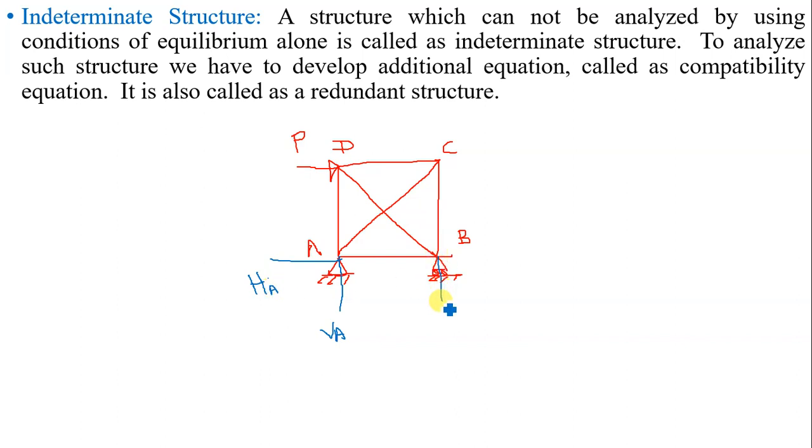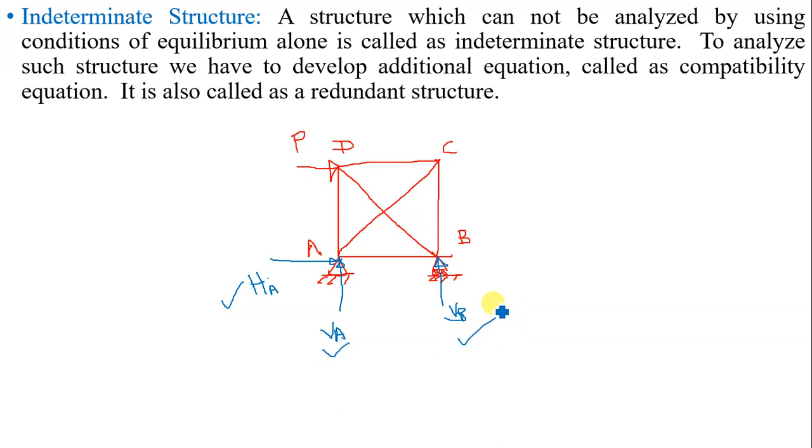There is one vertical reaction at B. We can name it VB. So now we have 3 equations, 3 unknowns: VA, VB and HA. Using the three conditions of equilibrium, we can find these unknowns. We can find HA, we can find VA, we can find VB.